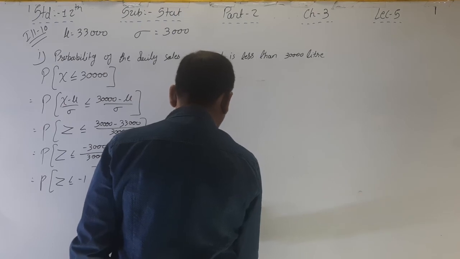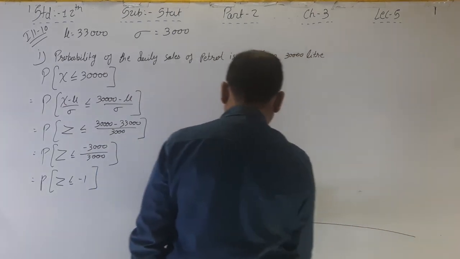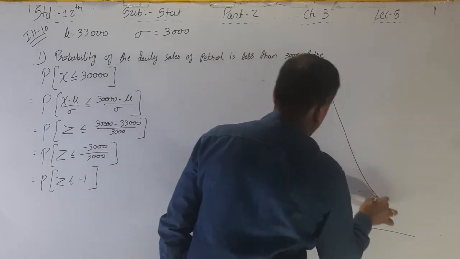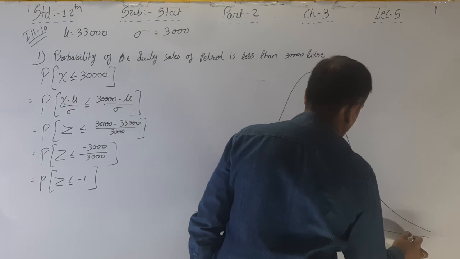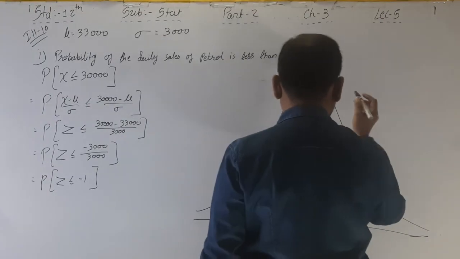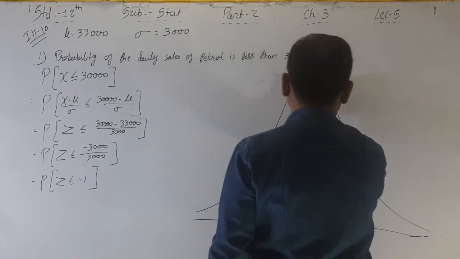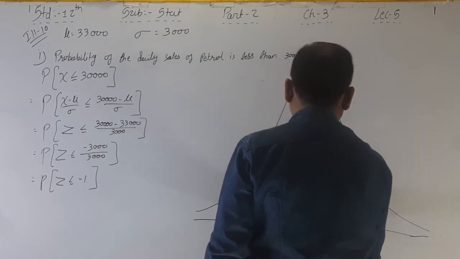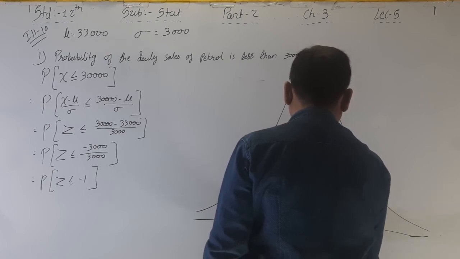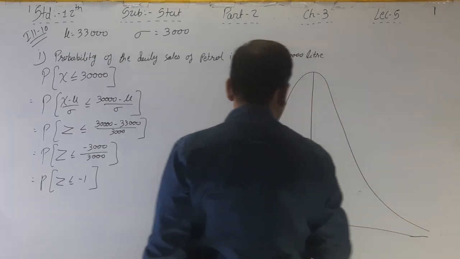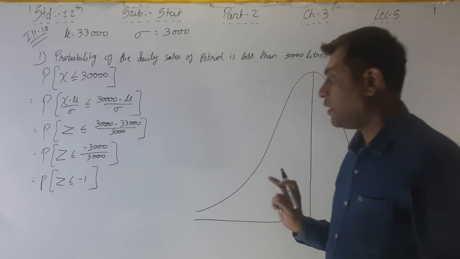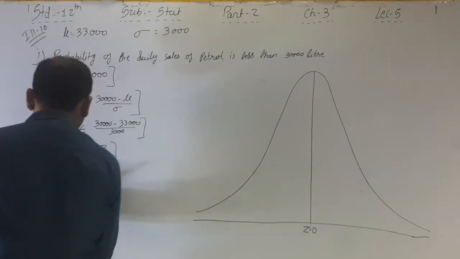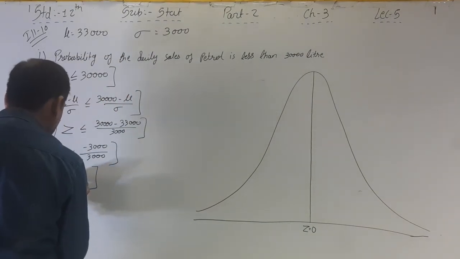We have to find the probability of Z less than or equal to minus 1.